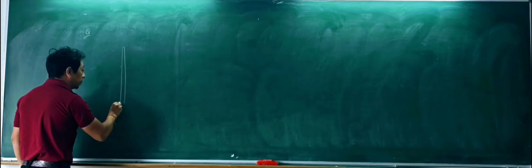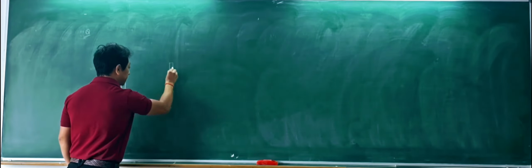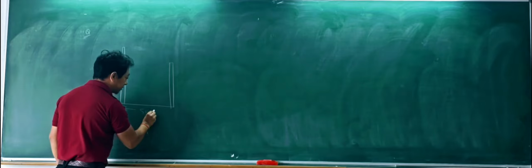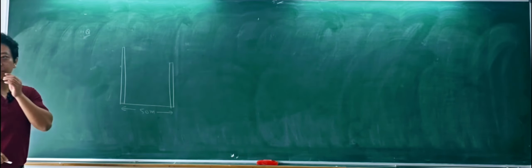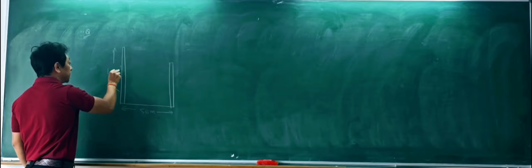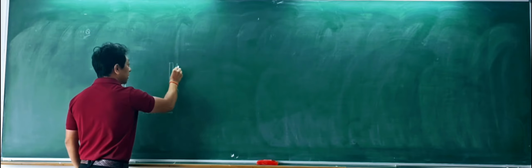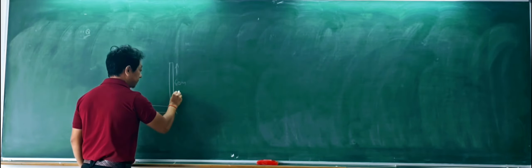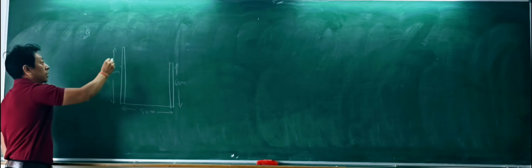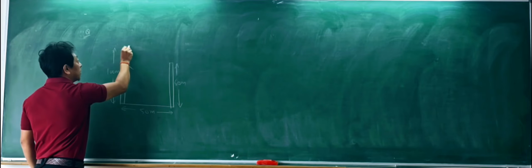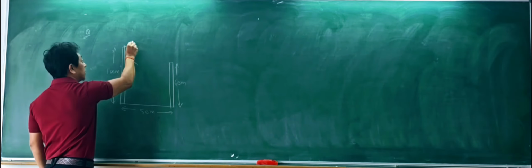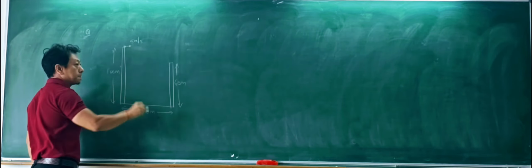So here are two buildings separated by 50 meters. Please write with me. This building is 100 meter. This building is 60 meters. A particle is thrown from here horizontally with velocity 5 meter per second.